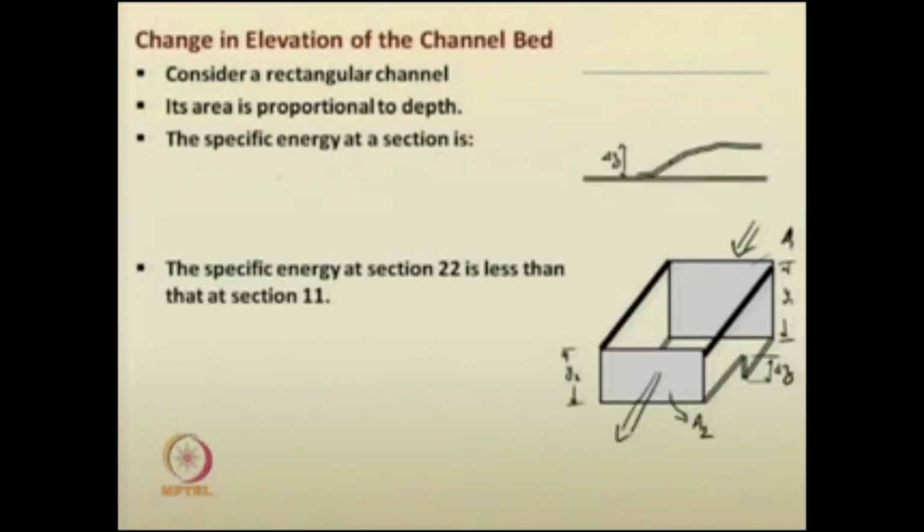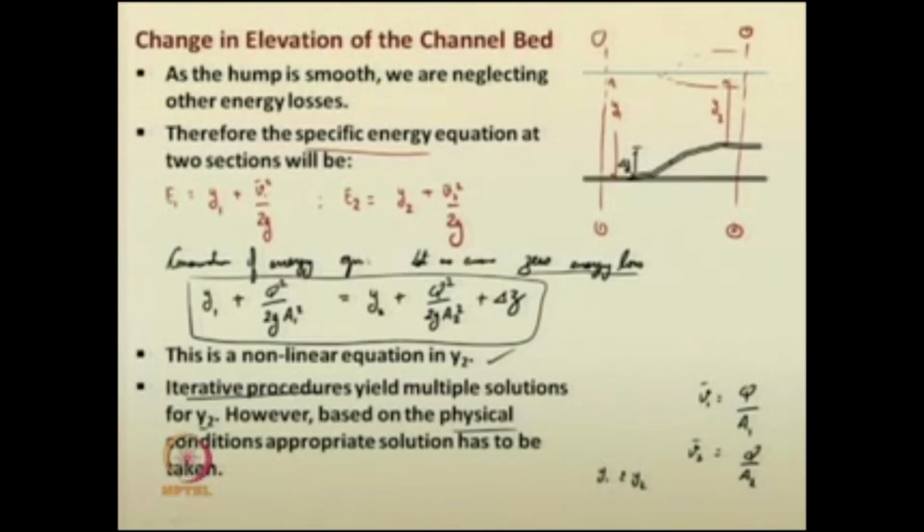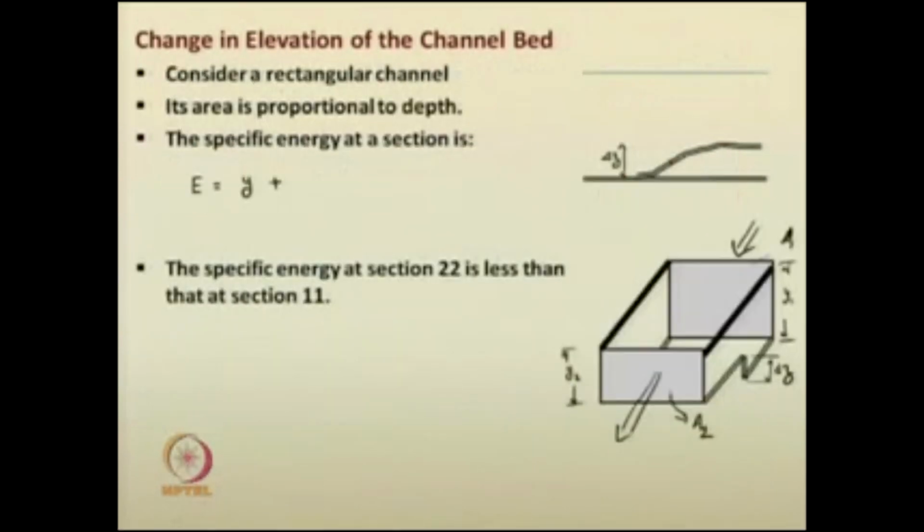What is the specific energy at any section? At any section, the specific energy E is given by depth of the flow plus V1 square by 2G, as we have seen earlier. This is for a rectangular channel.